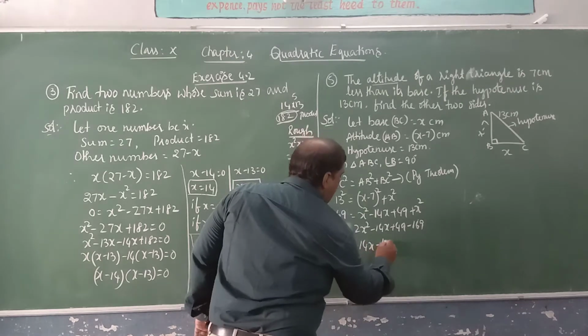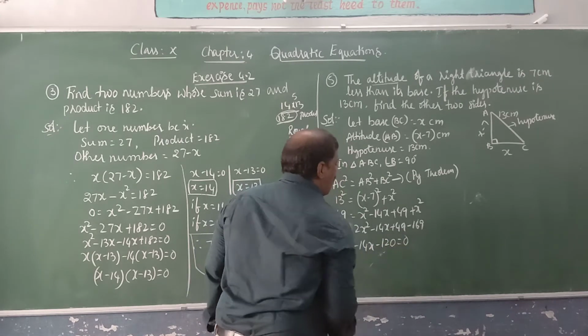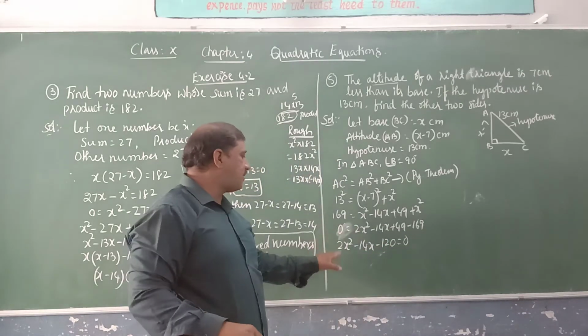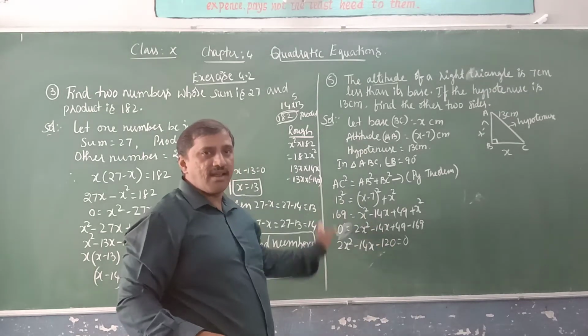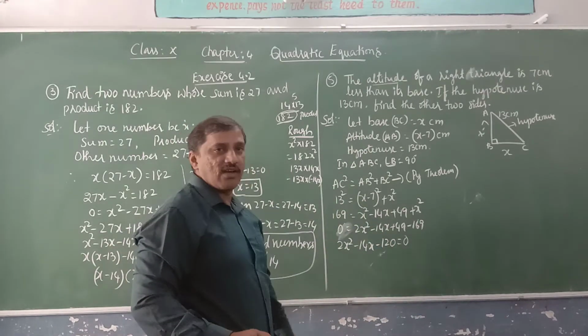That is equal to 0. By regrouping the terms, LHS as RHS and RHS as LHS, we get this quadratic equation.